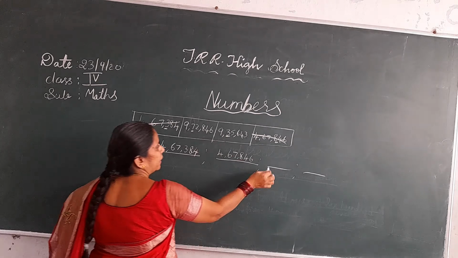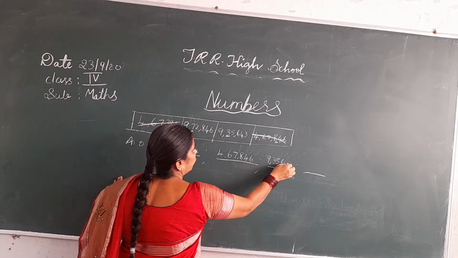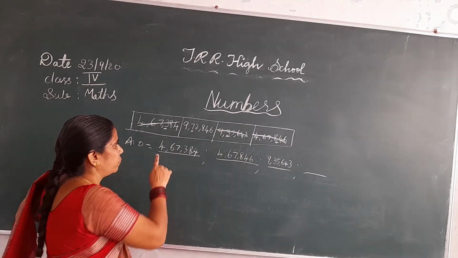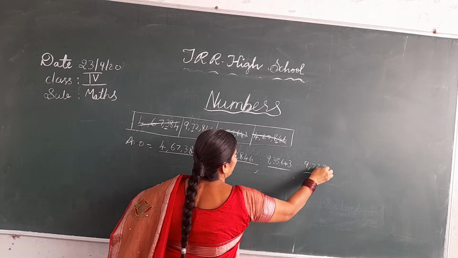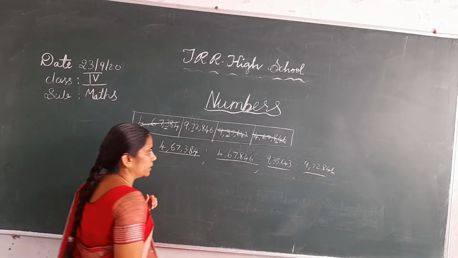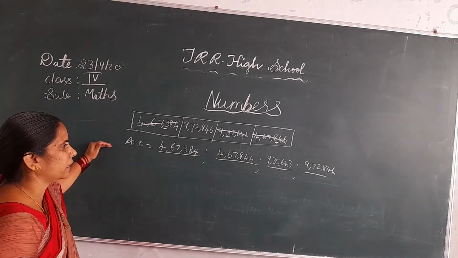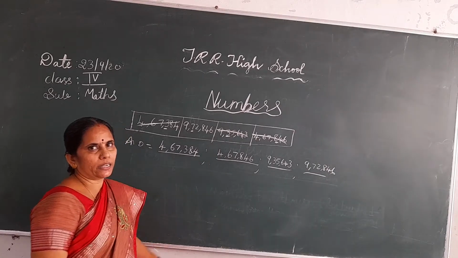So write 9,35,643. Then cut it off. Then the number left over, the last number, write here: 9,72,846. Like this you must write ascending order. Ascending order is nothing but from the smallest number to the bigger, greatest number.